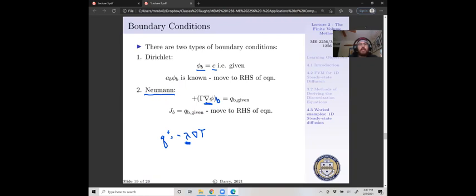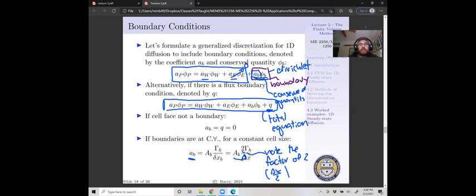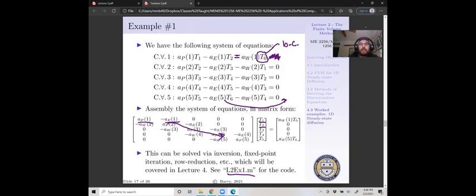And what we'll say is JB, where J was the variable we used to specify a flux, is evaluated at our boundary. And regardless if we have a flux or we have a constant temperature, both of these move to the right-hand side of our equation. That is, as we come back here, this would be AB phi B, our coefficient at our boundary times the conserved quantity at our boundary, if that was a constant temperature.